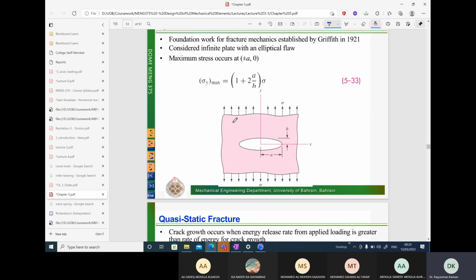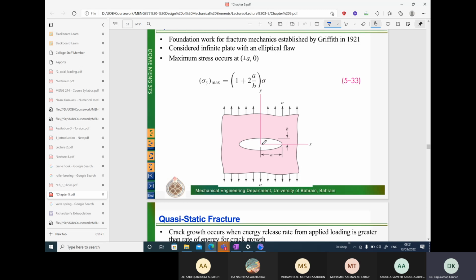Okay. So we can start with a simple example. Instead of the presence of a crack, we can assume that you have an elliptical hole in a plate. In this elliptical hole, we are going to consider an ellipse with a major diameter A and minor diameter B. So what will be a crack?